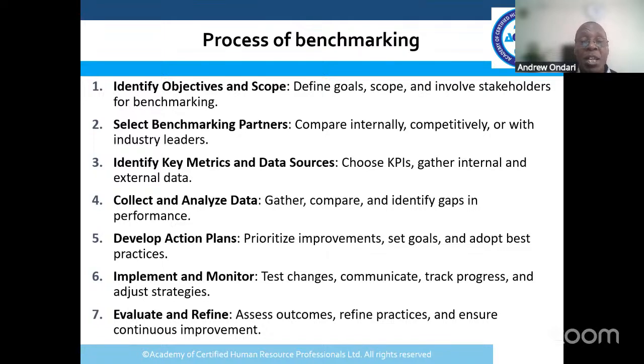So if this menu system has teething problems, then we evaluate and refine and see how best we can improve the menu reward system, because sometimes it can be abused. And again, if you allow people to choose 2 or more of those benefits, then it becomes expensive. And if that is the case, you now refine that benefit and say that employees can only choose one.